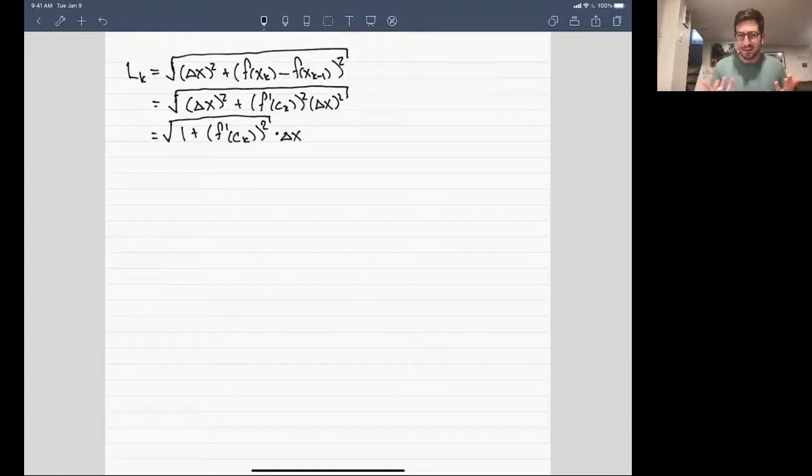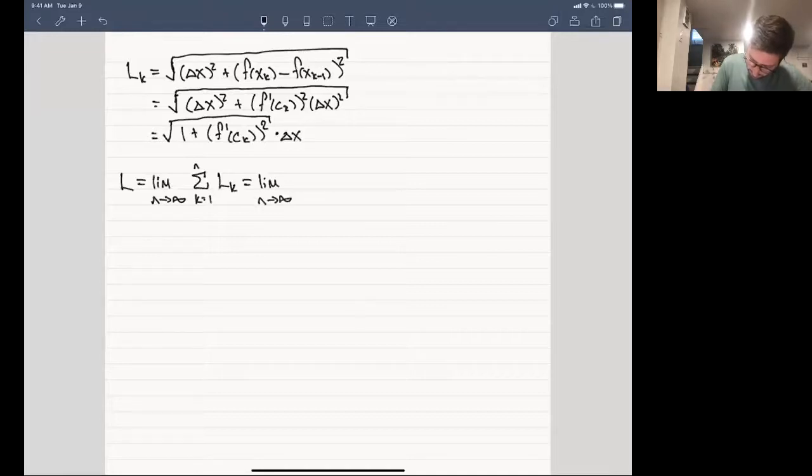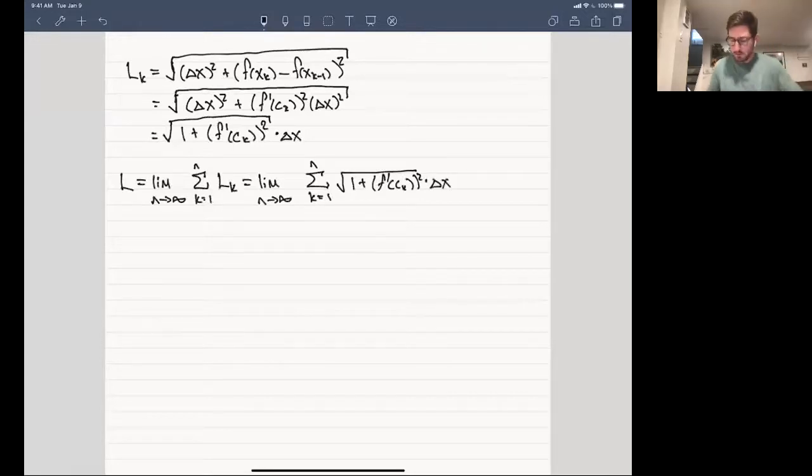But now we can see it, right? Because now the length of the curve is given by the limit as n goes to infinity of this discrete summation over the L_k's, which, if we put in what we now know about the L_k's, becomes the discrete summation of the square root of 1 plus f prime of c_k squared times delta x.